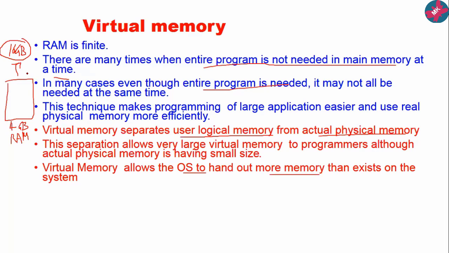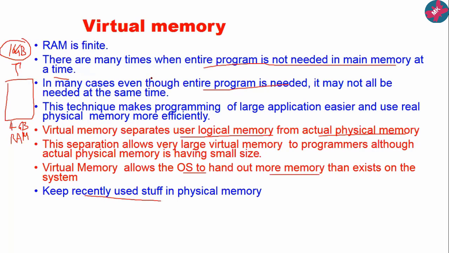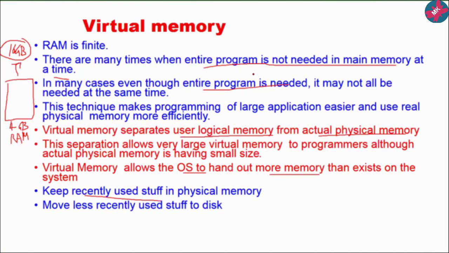Now what it actually does is keep only recently used stuff in the physical memory, whichever stuff is required, because it may be required at any time in the RAM. And whatever is not required, meaning whatever is least recently used, it will move to the disk. So this illusion of 16 GB, from where is it going to get this space? It is going to get this space from the hard disk.